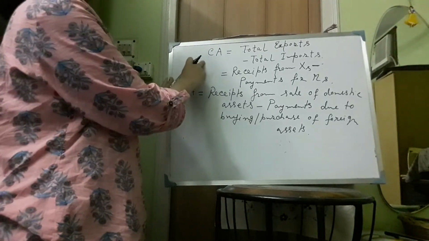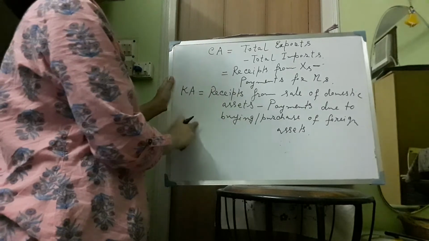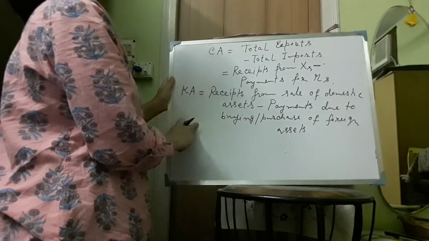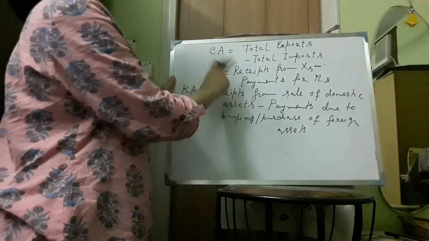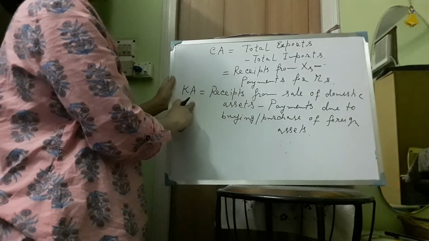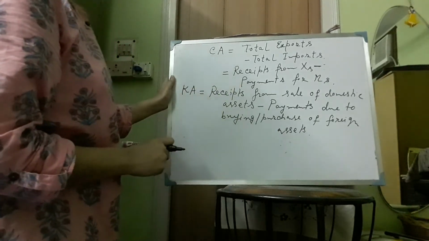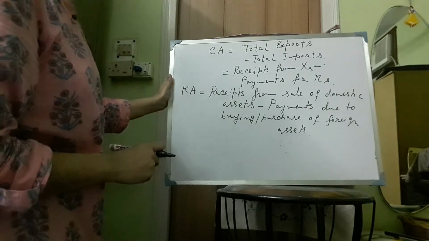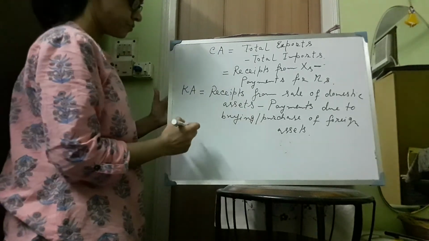So current account is the difference between total export and total import, receipts from exports minus payments for imports, and capital account is the receipts from sale of domestic assets minus payments due to buying or purchase of foreign assets.